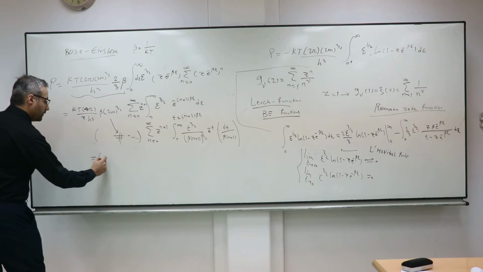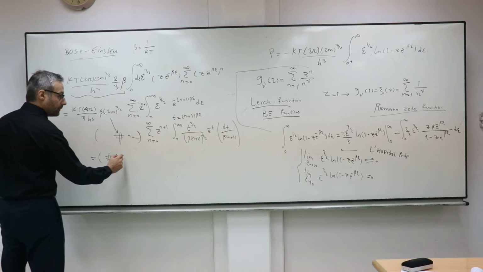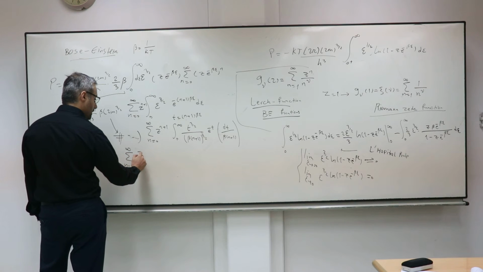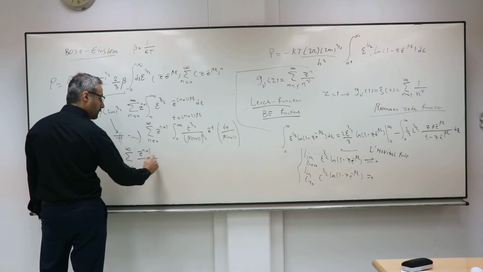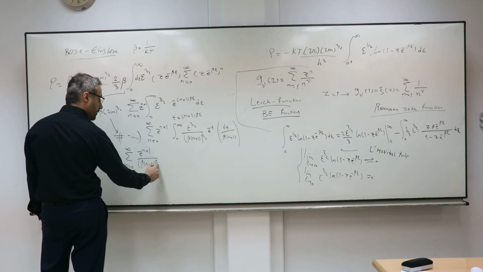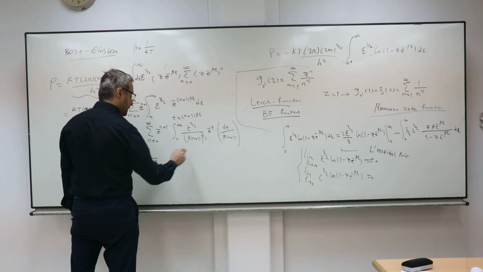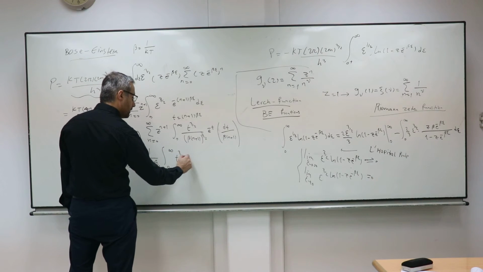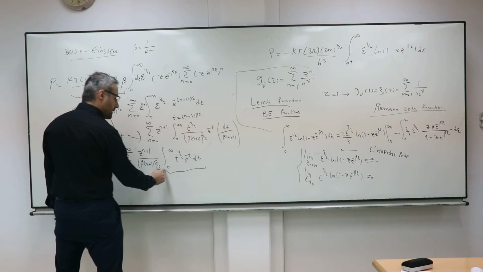So again, you will have this coefficient here, multiplied by the sum over n from 0 to infinity of z^(n+1) over (n+1)^(5/2) β^(5/2), and the integral from 0 to infinity of t^(3/2) e^(-t) dt. What is that?